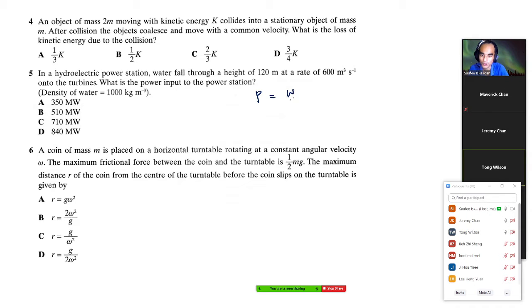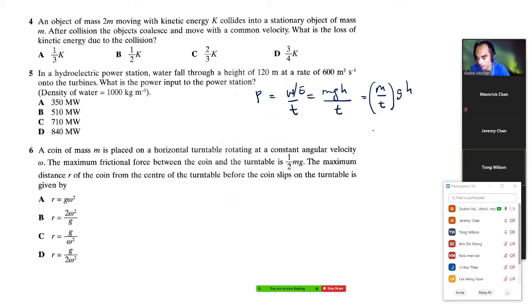Power equals work divided by time, or energy divided by time. So mgh is the work or energy. Mgh divided by t. I use density, later we use this m over t times gh.